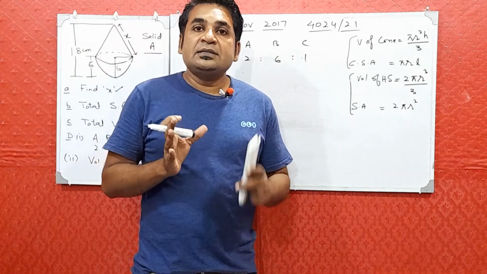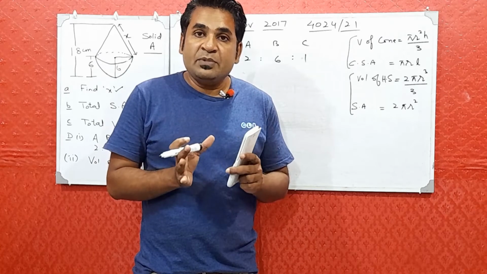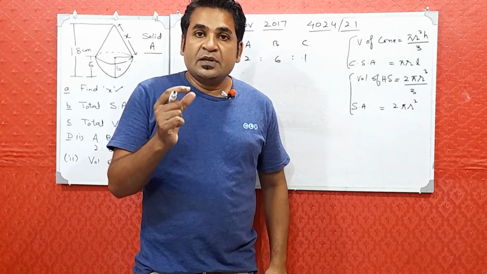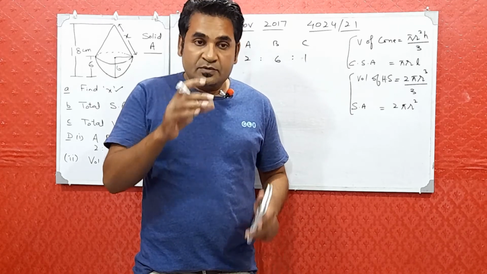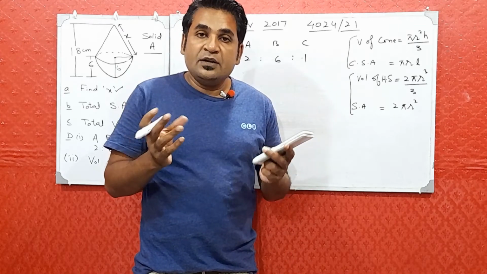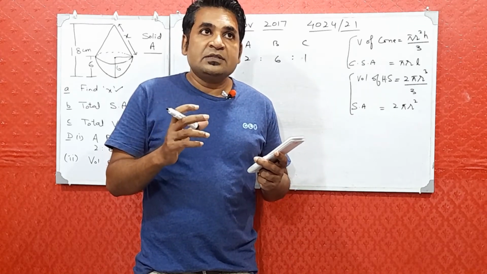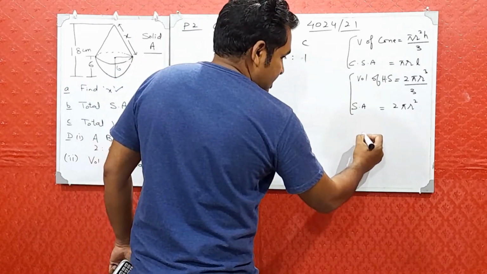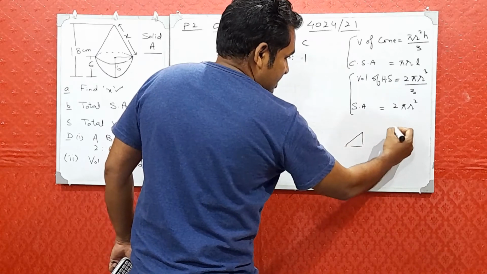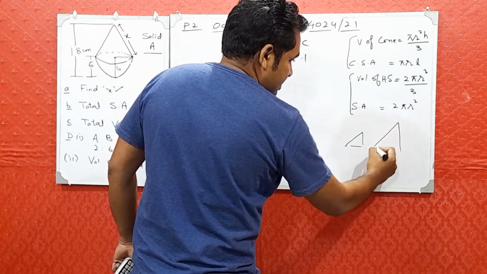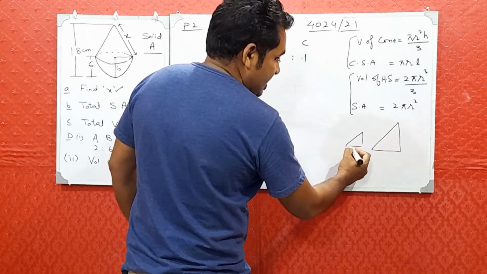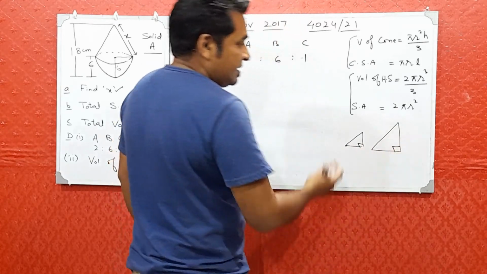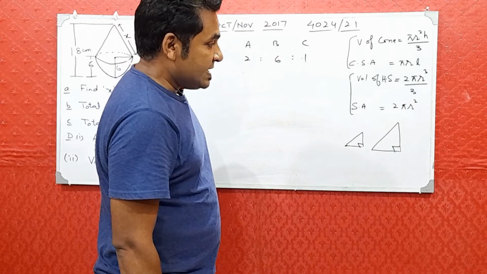Similar shapes are exactly the same in shape but not in size. For example, if we talk about triangles, you can see that this triangle and this triangle are both the same in shape but not in size.